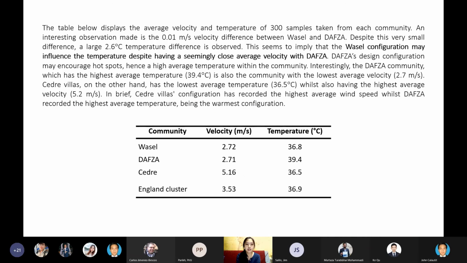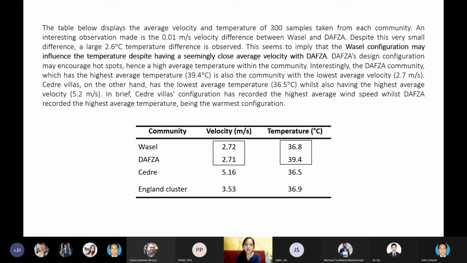This table here is the velocity and temperature average values. What I'd like to point out are the velocity values, where Wasel and DAFSA are quite similar, with only a minimal difference. But what's interesting here is the temperature difference.